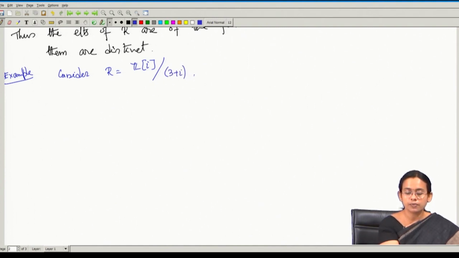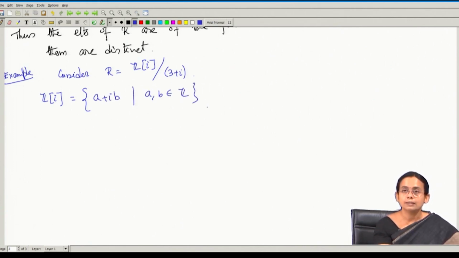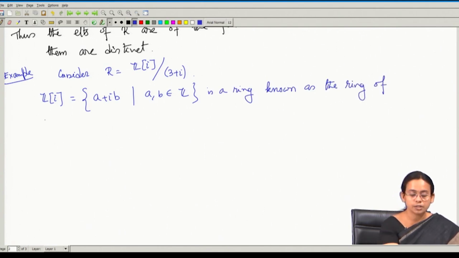Before proceeding further, let me denote what this Z[i] is. Z[i] is the set of elements of the form a plus ib, where a and b vary over Z. Addition is the addition of complex numbers, and multiplication is also defined the same way as multiplication of complex numbers, and this is in fact a ring, known as the ring of Gaussian integers.